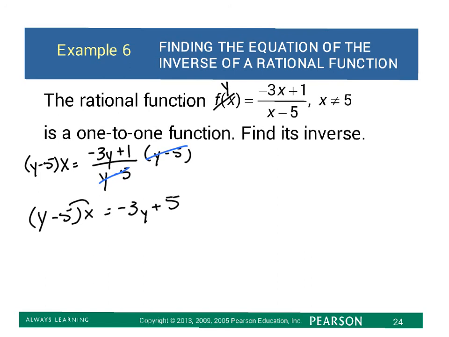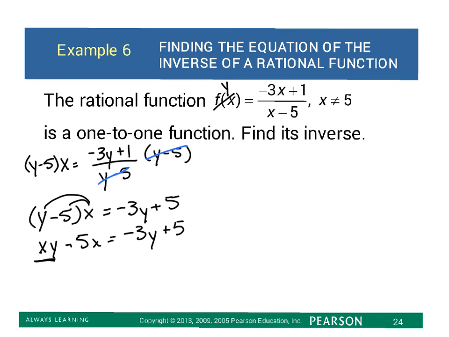And then our next step is distribute. So we have xy minus 5x equals. Now in rational functions, we need to gather on one side of the equation everything that has a y in it, even if it still has an x in it, like this term right here.